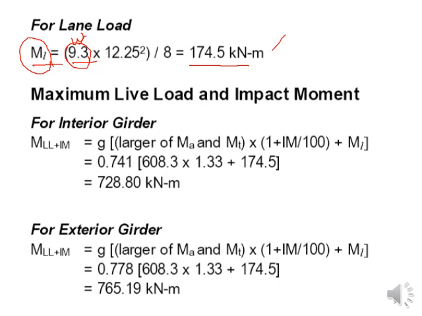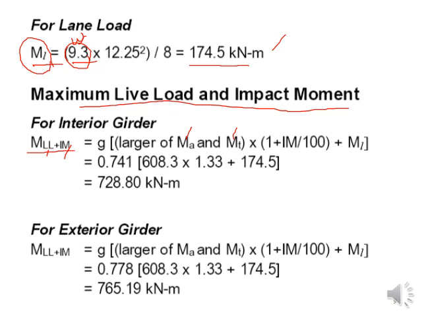Keep this with you. Then comes the maximum live load and the impact moments. If the total moment needs to be calculated, including the live load effect and the impact moment, meaning the dynamic load allowance factor, then first of all you have to take the greater of the vehicular load moments, axial load and tandem load, whatever moment you have calculated.